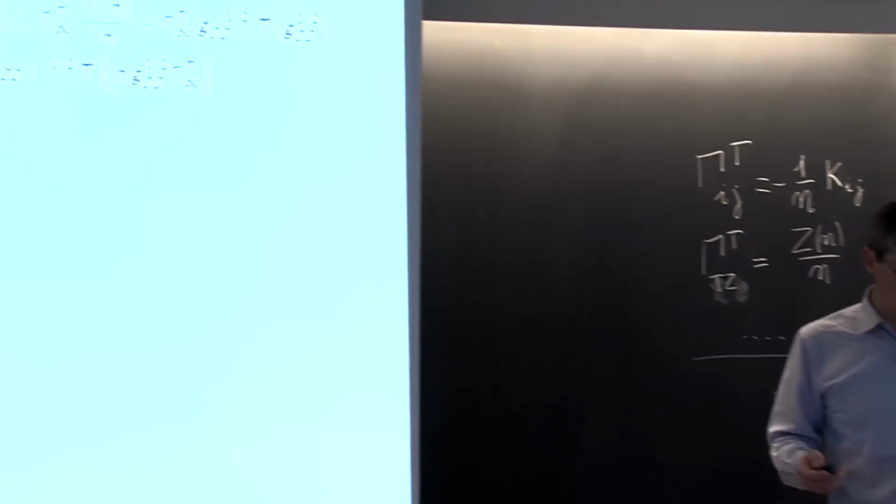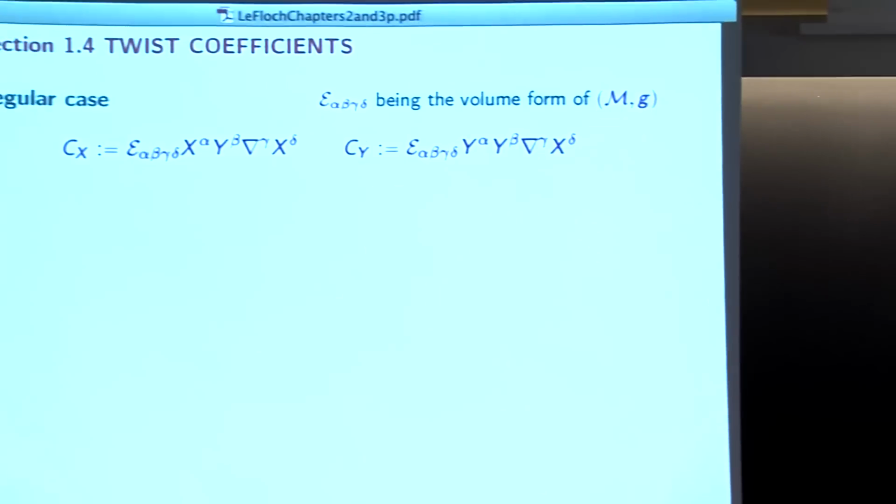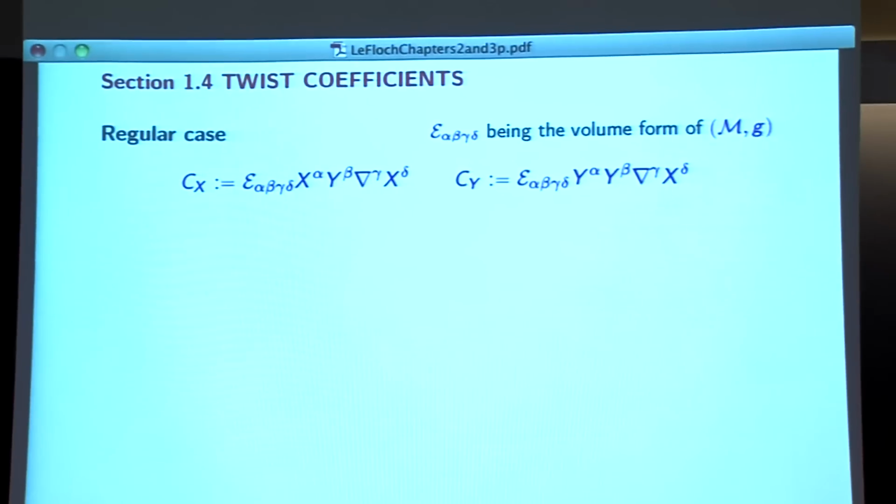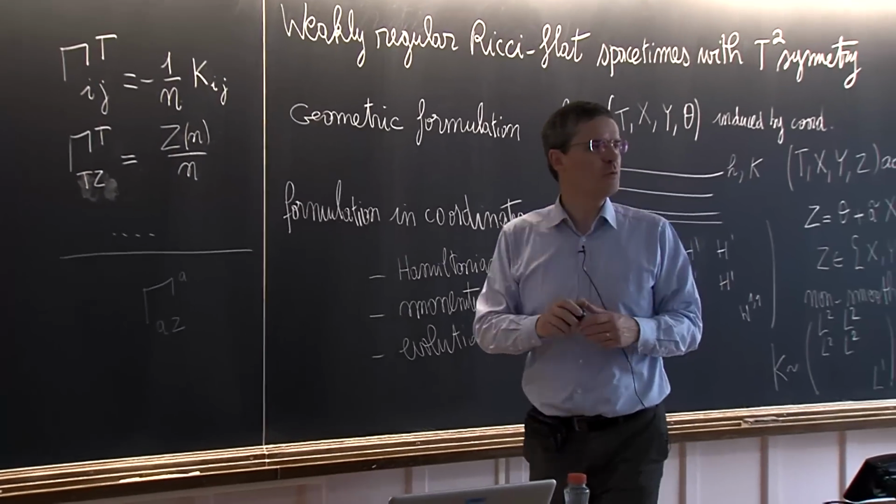These are just the calculations that I sketch. In fact, before I can do that, I have to talk about the twist coefficients. What I skipped were just calculations that you may read if you want to see more details, but they are not difficult.